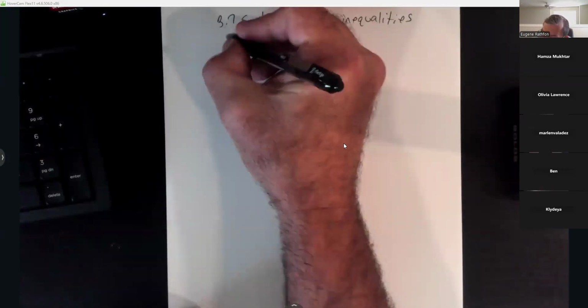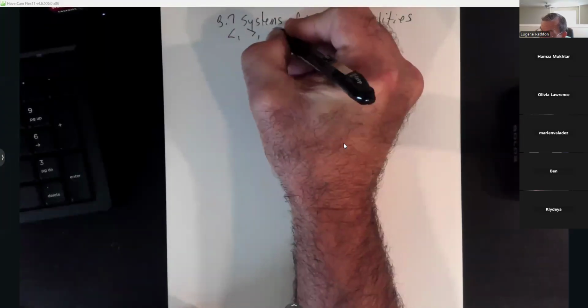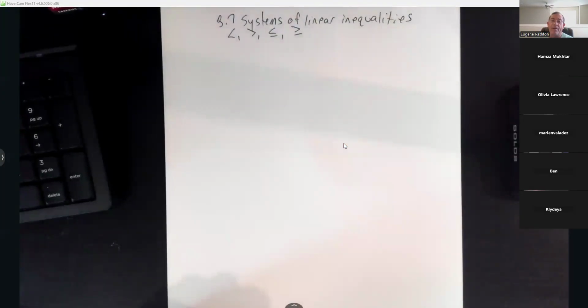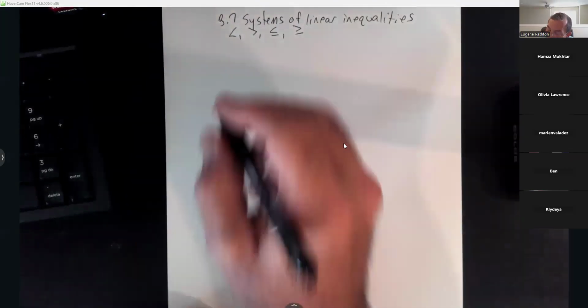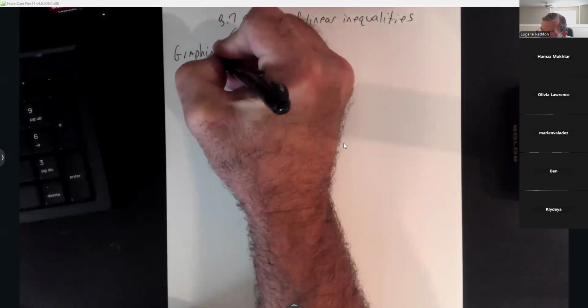So remember, inequalities are going to be less than, greater than, less than or equal, or greater than or equal. So graphing inequalities will be the first thing we look at.